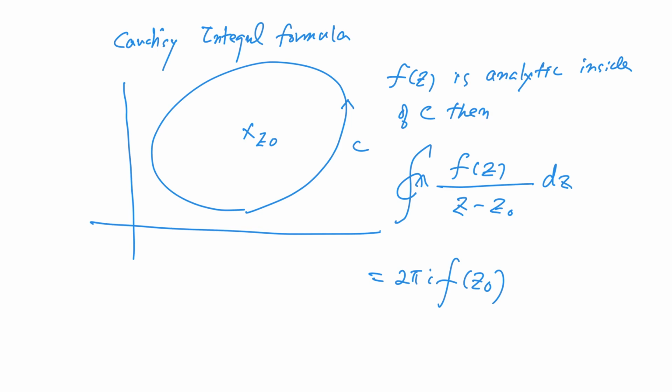This is actually the extension of the result that I covered. This actually came from this: the integral of 1 over z minus c naught dz over C was 2 pi i.